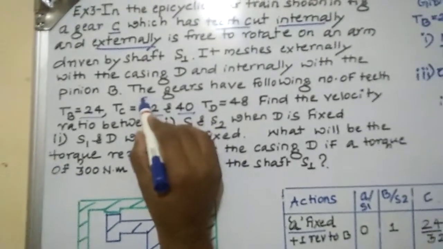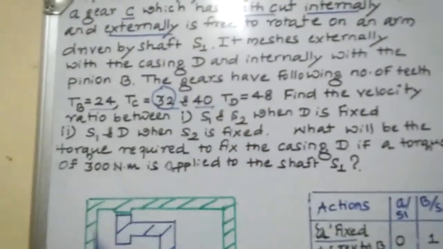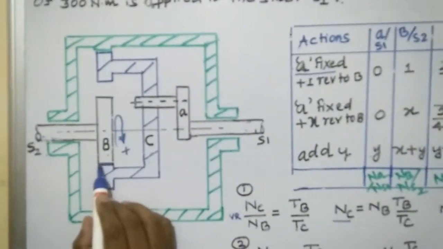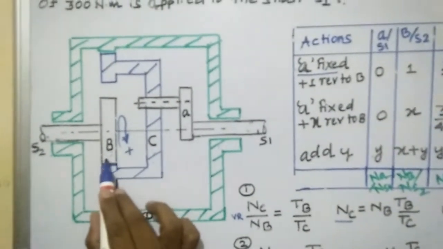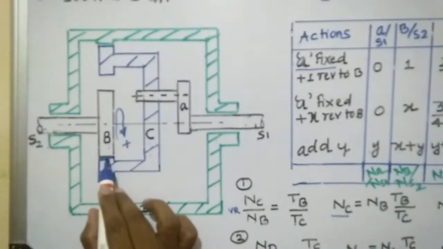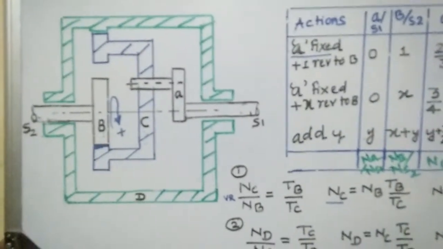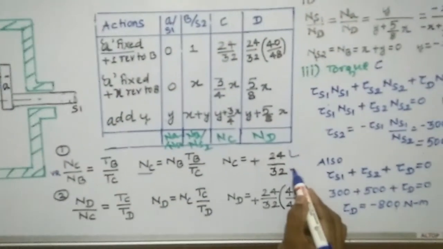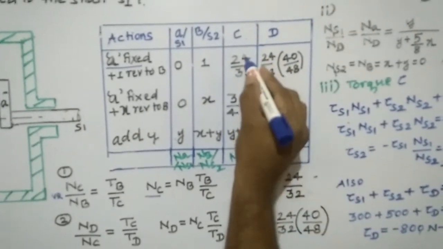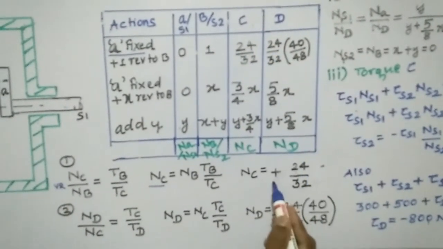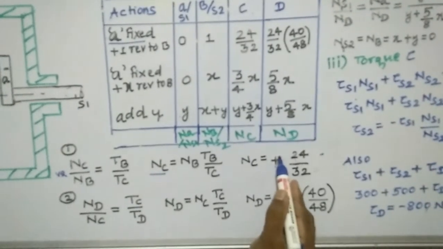I have taken this as the number of teeth because the connection between B and C is through the internal teeth only. That's why you have to take the number of teeth as 32 only. Then written here, 24 by 32. I have taken a positive sign.